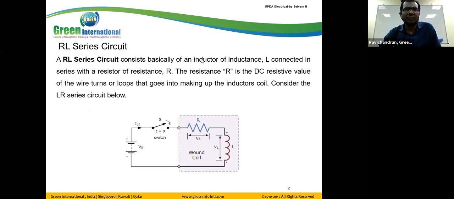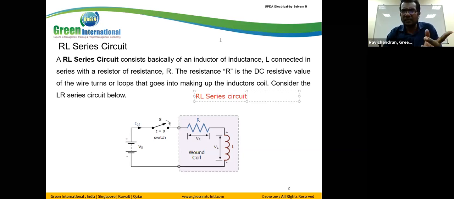We are discussing the AC fundamentals. We are discussing AC RL series circuit. The only difference between the earlier circuit and here is that I am using a switch.